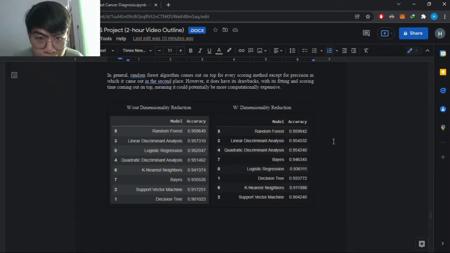And yeah, okay. So for this one, I think it's a bit inconsistent because for random forest accuracy, the one with dimensionality reduction actually produces a higher accuracy result, but for the second one, the LDA, the one without dimensionality reduction actually produces higher results, right?